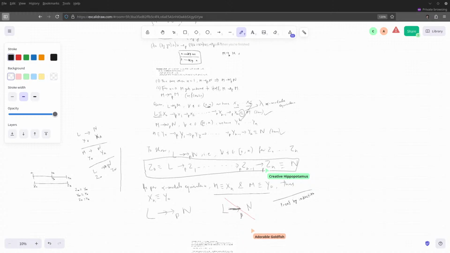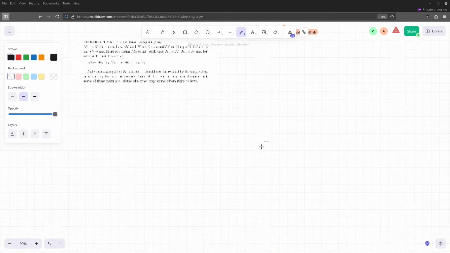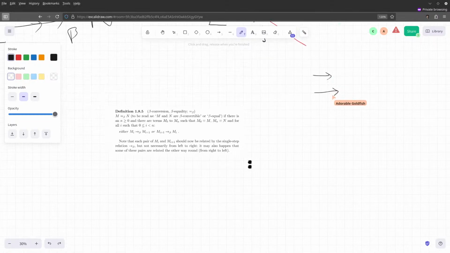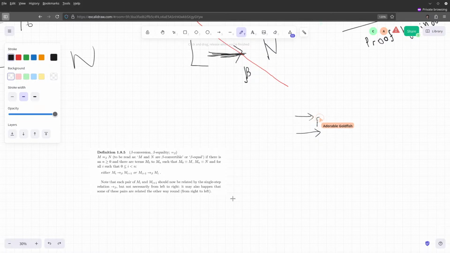What we do with this alpha and beta stuff is we first declare a relation. It's a binary relation that relates two things, and then we build some sort of more powerful relation. So we had beta, and then we built this double arrow beta, and then we build an equality of these two things. This is just a binary relation. It has no special properties. This has the reflexive and transitive property.